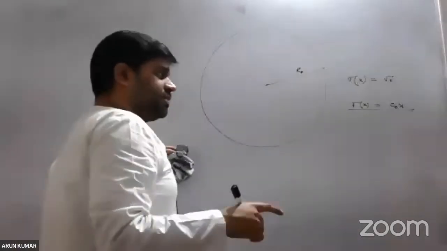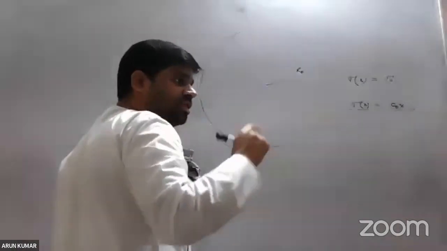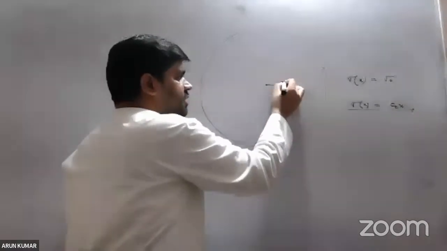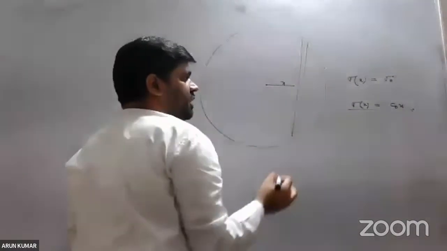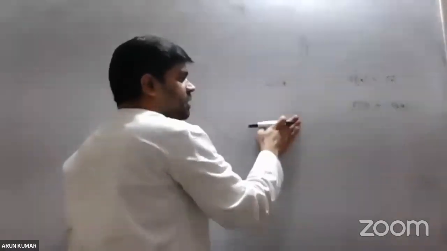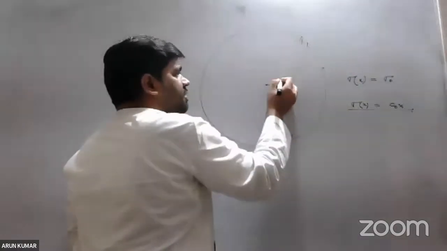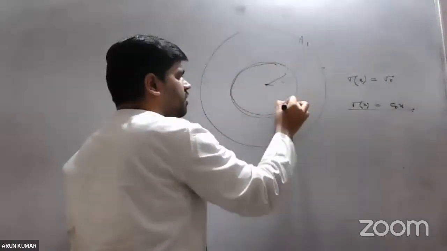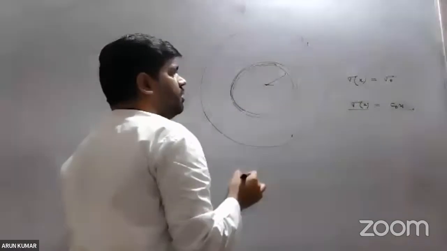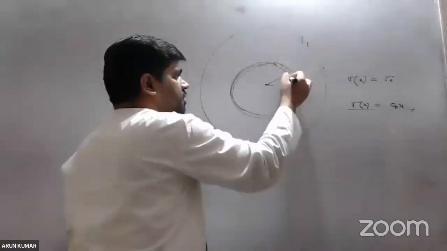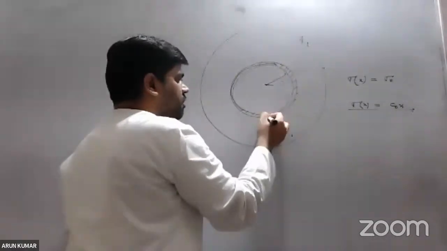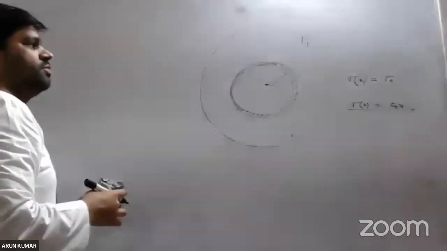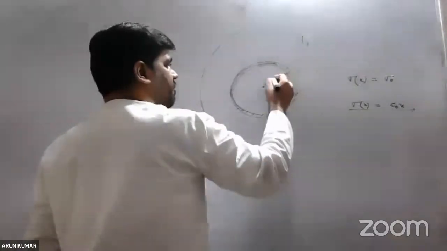Now I'll consider a strip such that my density on the strip should be constant. I cannot consider a strip like this now. At a distance of x, my strip is like this, because my x is my radius here. So at a constant radius, if I take a circular strip, now mass of this strip is what I have to find out.